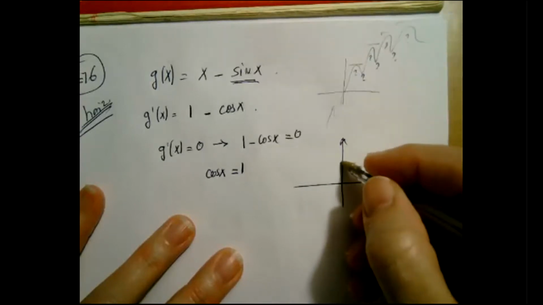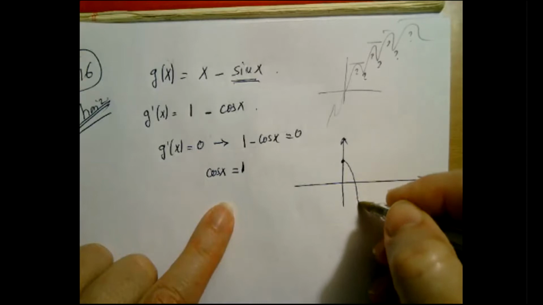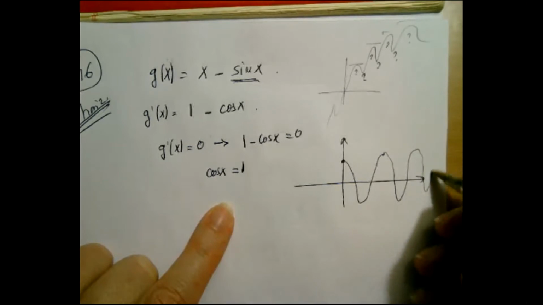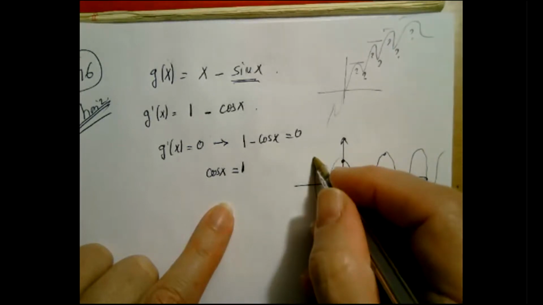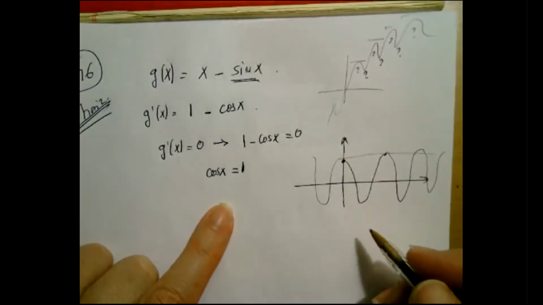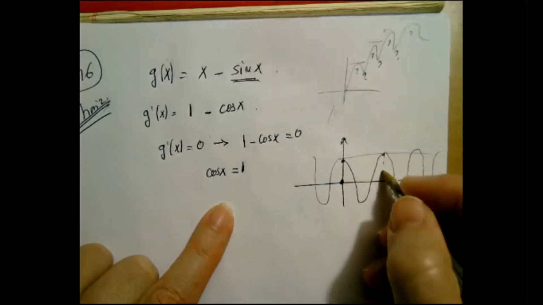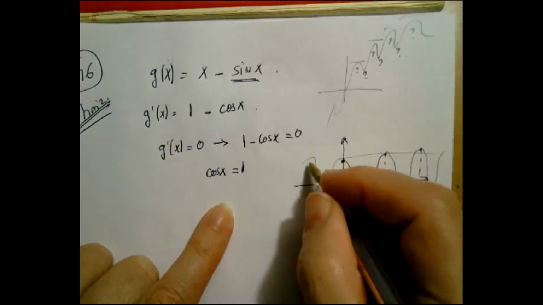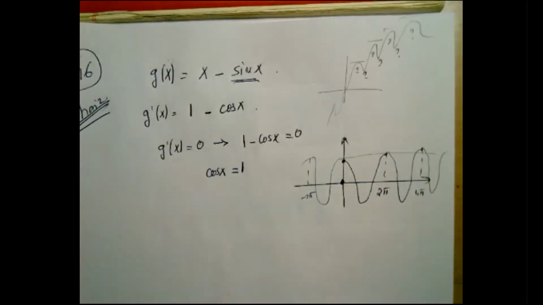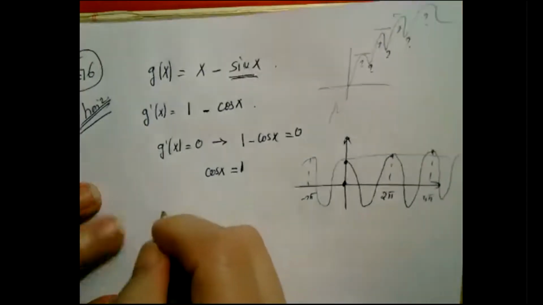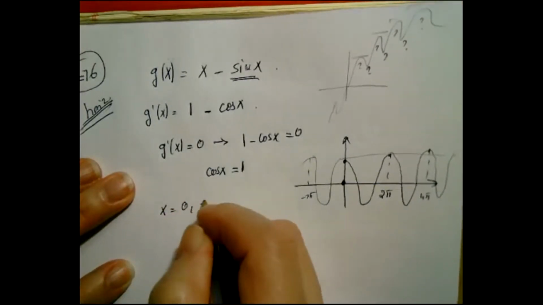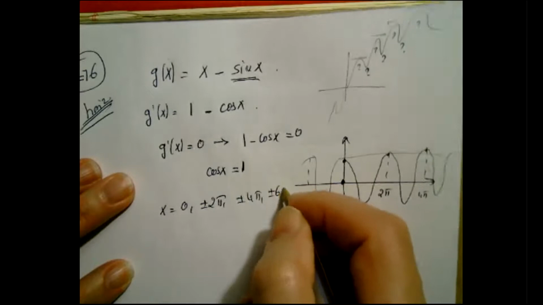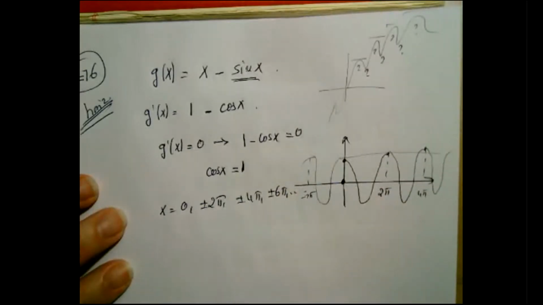Start here, goes down, back up, goes down, back up, goes down, back up. And that's the graph of cosine. So when is the cosine equal to 1? At 0, at 2 pi, 4 pi, and back here, minus 2 pi, and so on and so forth. So cosine x equals 1 for x equal 0, plus or minus 2 pi, plus or minus 4 pi, plus or minus 6 pi, and so on and so forth.